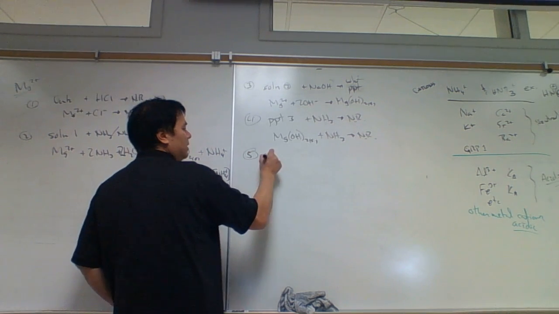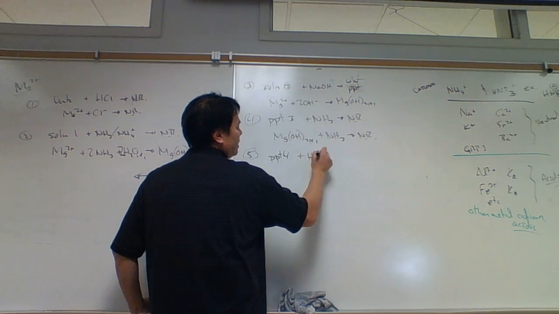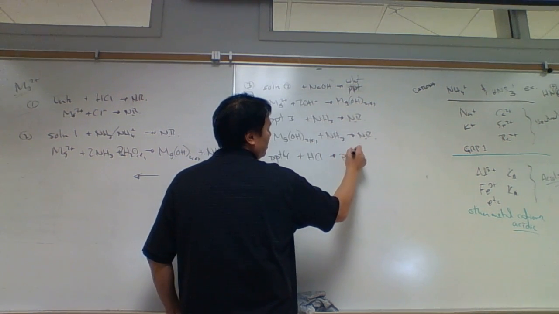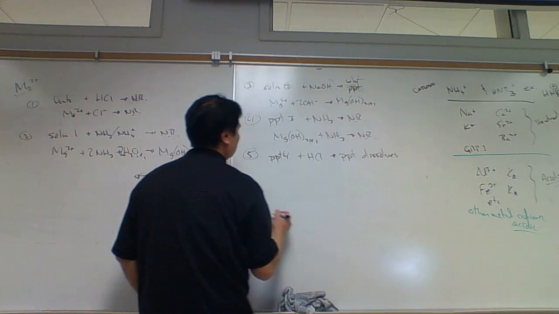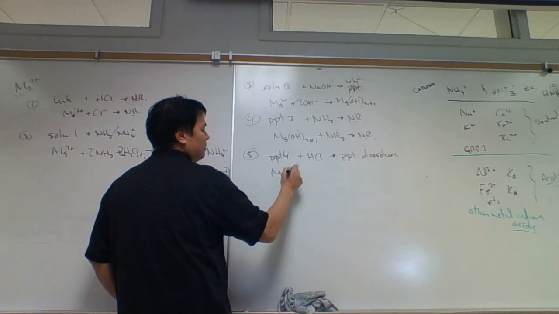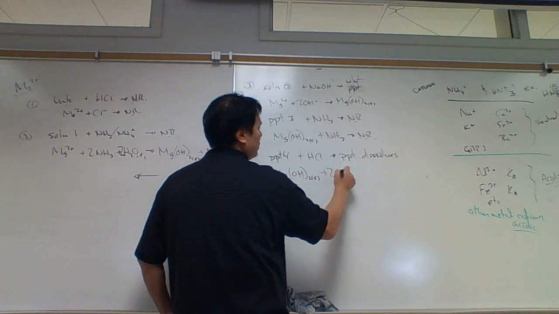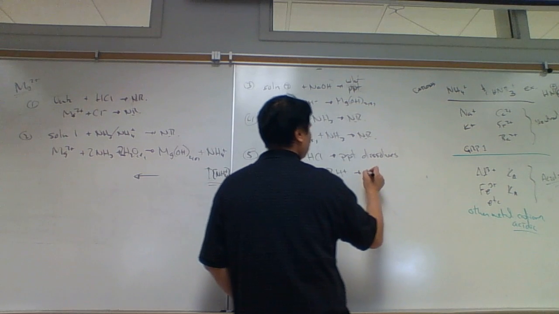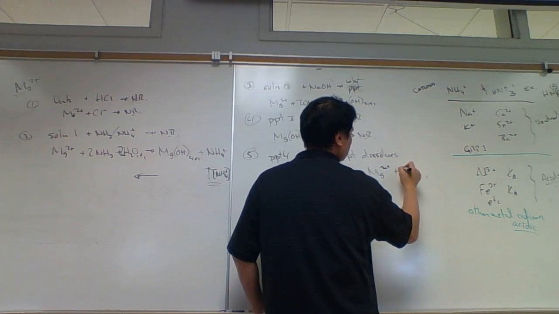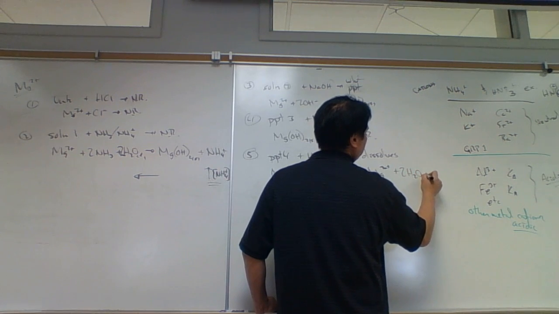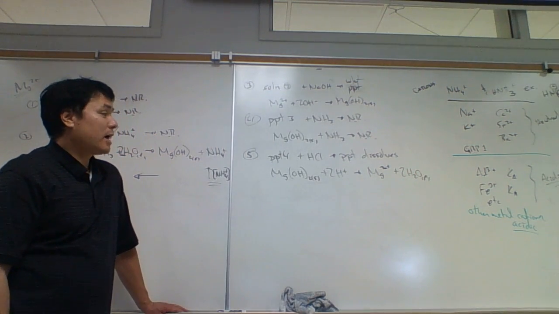Then we take the precipitate from step 4 and add HCl to this, and the precipitate dissolves. So magnesium hydroxide solid plus 2 H+ will yield magnesium 2+ plus 2 waters. Here we would call this either a metathesis or an acid-base reaction.